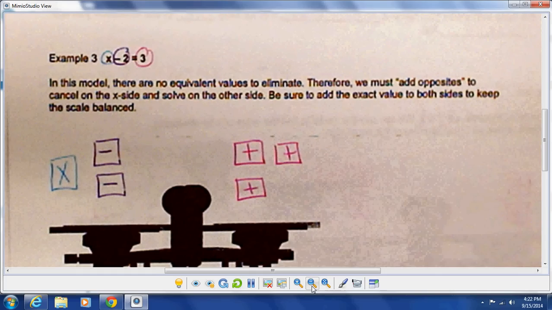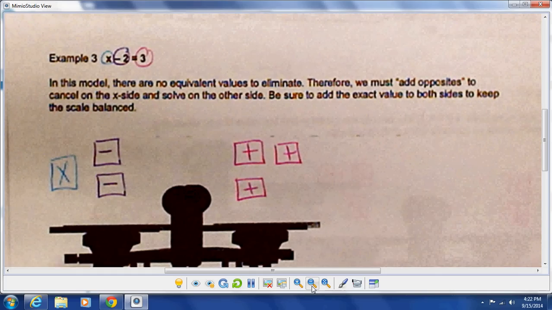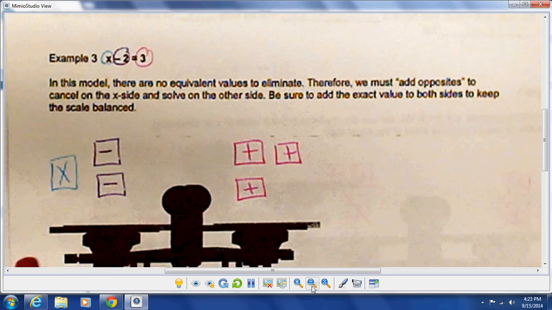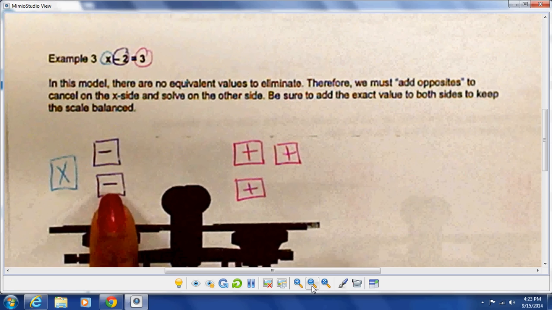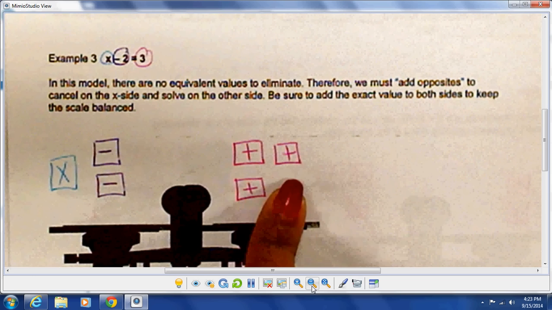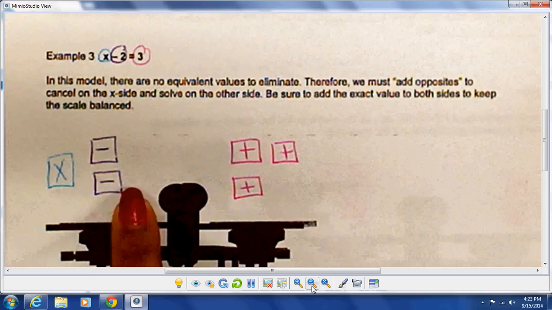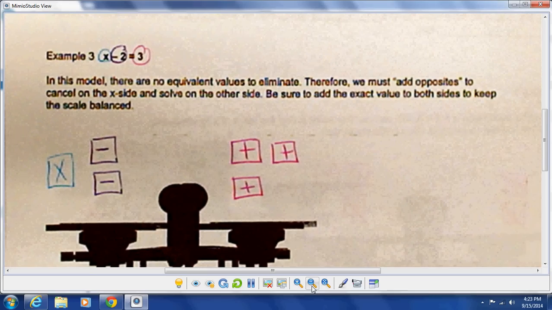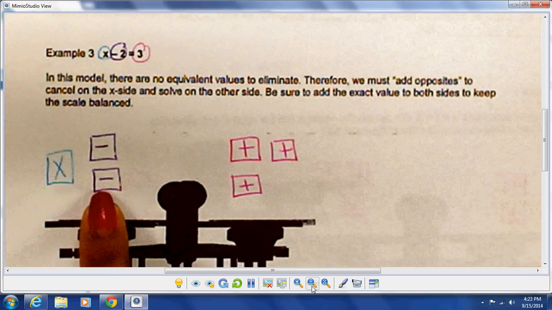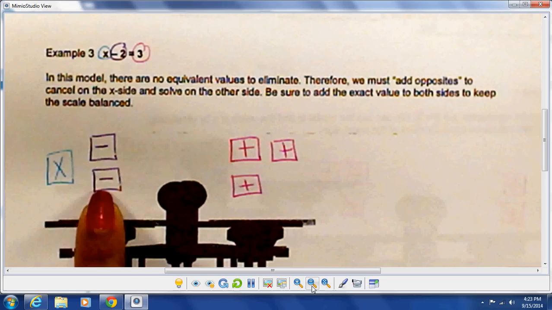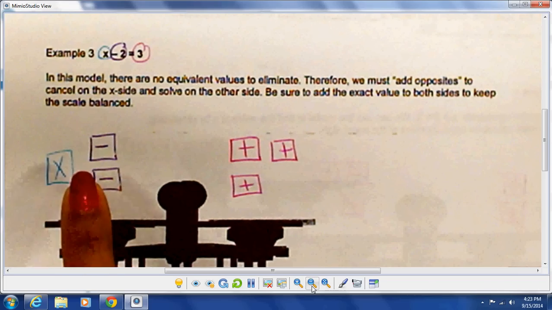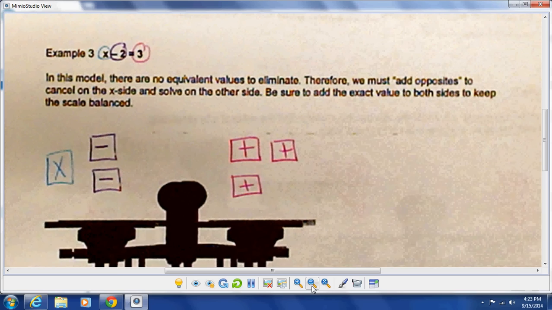So now when I look at this, I don't have anything that I can just lift off because I don't have negatives on this side, neither do I have positives on this side that I can lift off. So the only way that I'm going to get rid of these 2 negatives, because remember, we're trying to isolate our variable. So that means I want to remove whatever's on the same side with my variable x. So that means these 2 negatives need to go.